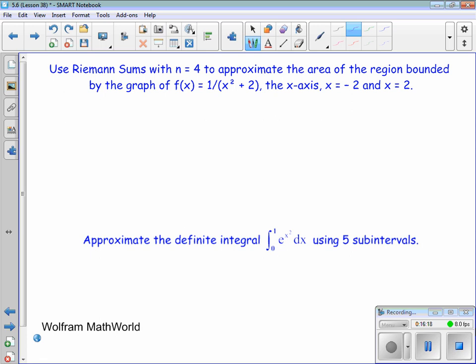Okay, so if I'm going from -2 to 2, typically what I do is I draw a little number line here. And how many spaces or how many spots am I doing for this? 4, right? So I'm starting at -2, then I have one rectangle go there, one would go here, one here, one there.